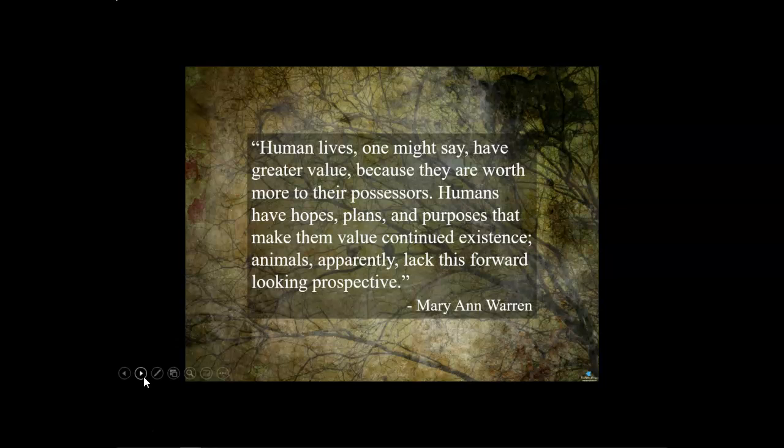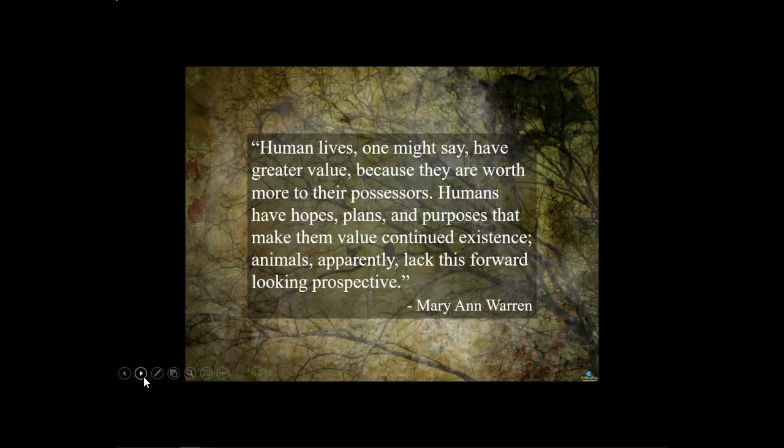So Marianne Warren, remember Marianne Warren was the lady who had argued with regard to abortion that there's a difference between being genetically a human being and being socially a human being. And she says human lives, one might say, have greater value than animal lives because they're worth more to their possessors. Humans have hopes, plans, and purposes that make them value continued existence.